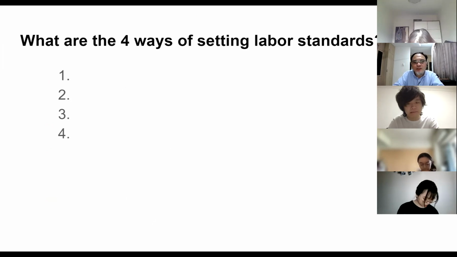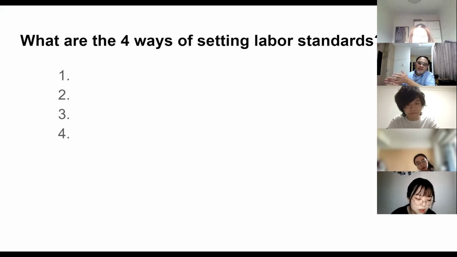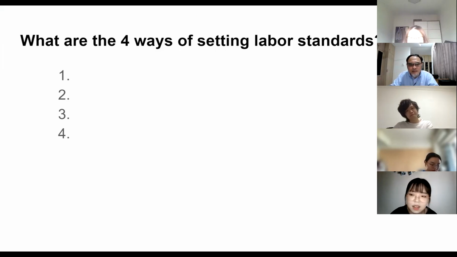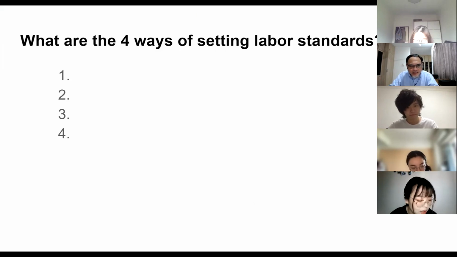What are the 4 ways of setting labor standards? There are many ways of setting labor standards. Setting means determining. Now we know the importance of labor standards, so I need to determine, I want to set them. What does the book give? Historical experience, time study, predetermined time standards, and work sampling.